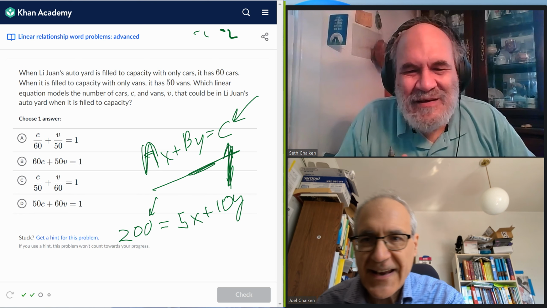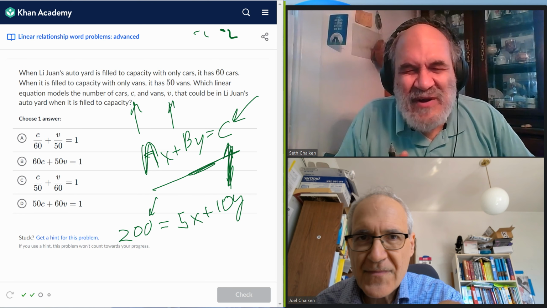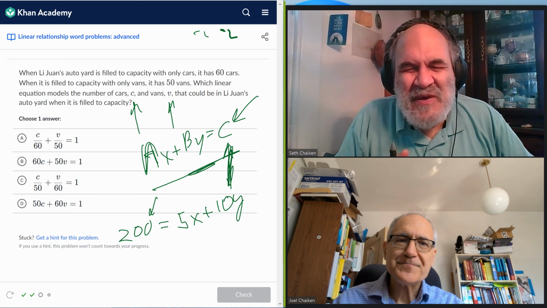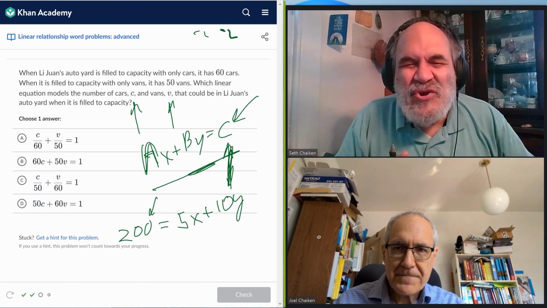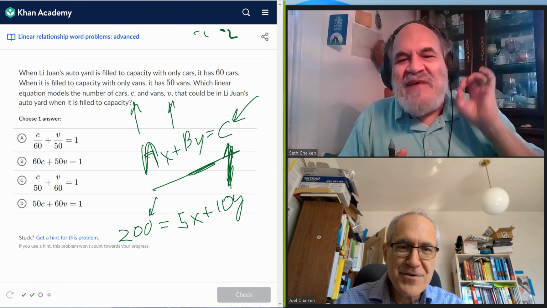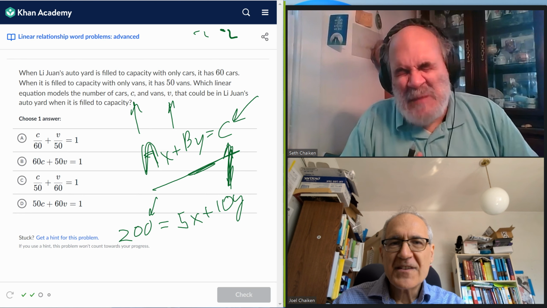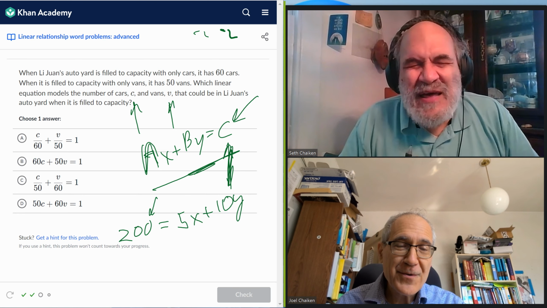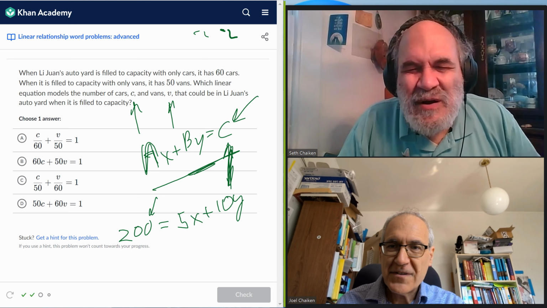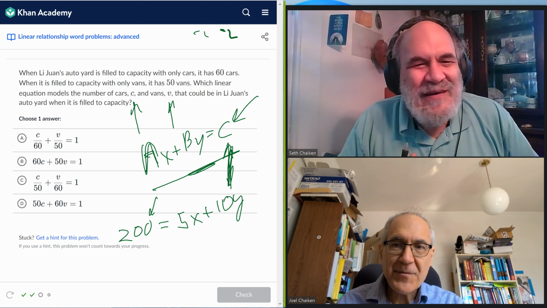X and Y are variables, right? They're the things being traded off against each other. What if X is made bigger? What happens to Y? Can we talk C and V? What if C is made bigger? What happens to V? V would have to be made smaller.